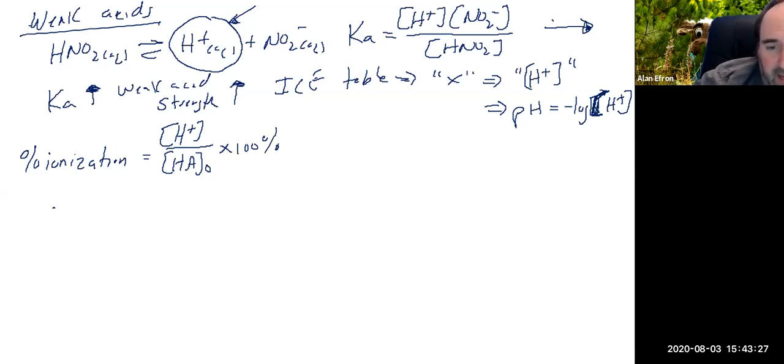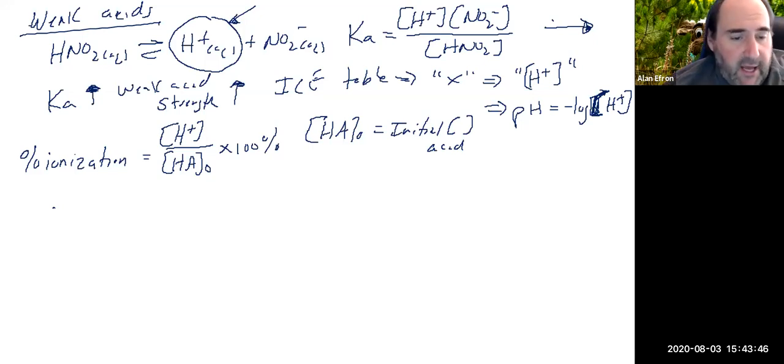You basically take the X value, which is the H plus value, and divide it by the initial concentration of the acid. So HA here is our initial concentration of the acid. And again, that'll give you your percent ionization.